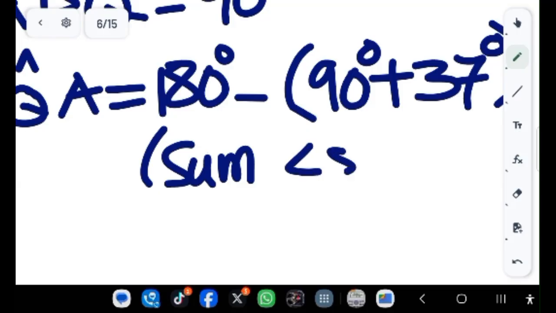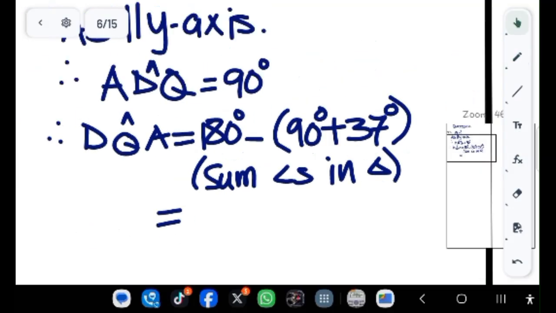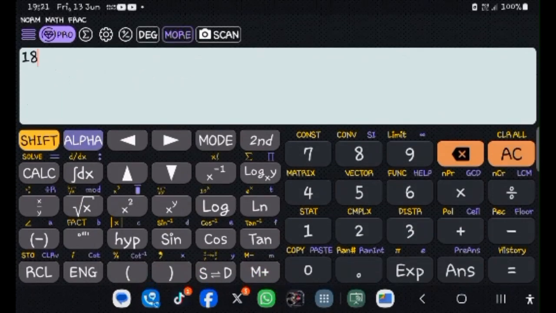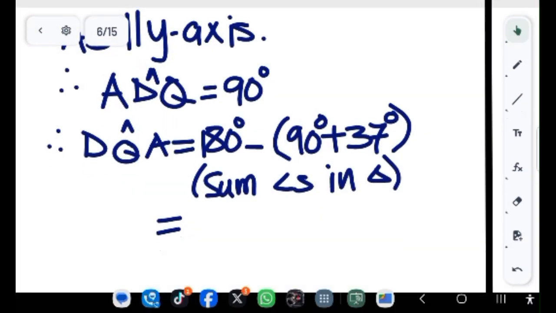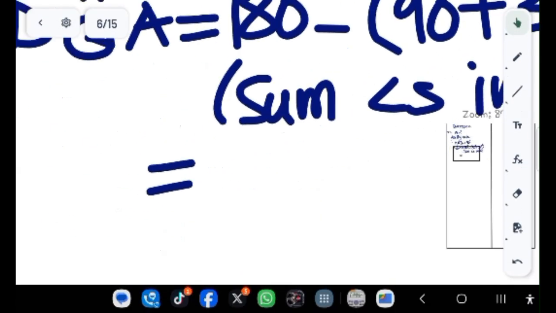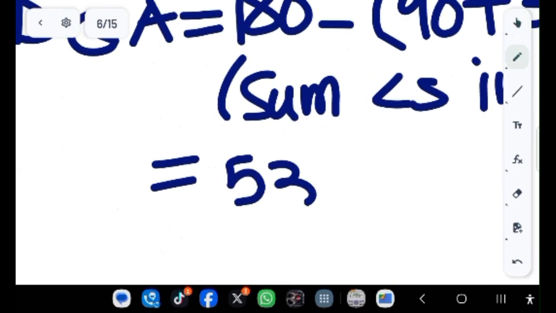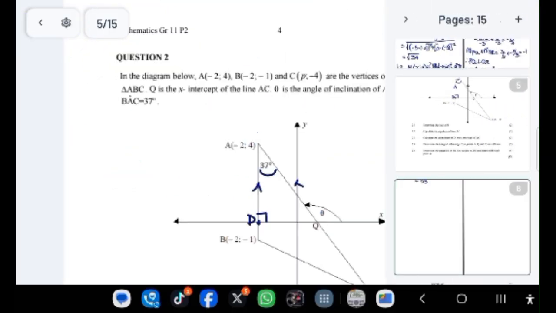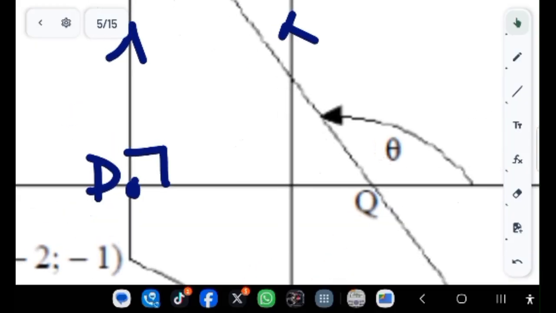That is equal to, taking out a calculator, 180 minus, open bracket, 90 plus 37, and that gives us 53 degrees. That is that angle. This is 53 degrees.